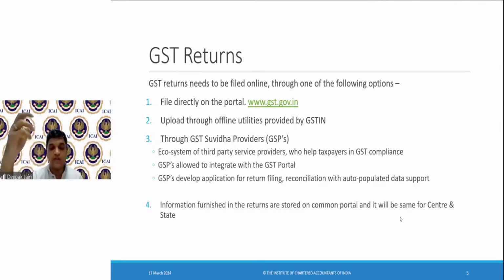Okay, if your data is correct, then it will allow and it will create a machine readable file, और उस machine readable file को आप रिटर्न में फाइल कर सकते हो ताकि आपका डेटा क्रंच होके जल्दी से फाइल हो जाए. ठीक है, तो आपके सॉफ्टवेयर से जीएसटी पोर्टल में जाने के लिए इस बीच का जो रास्ता है उसे कहते हैं ऑफलाइन यूटिलिटी. आयशा, व्हाट डू आई रिपीट?